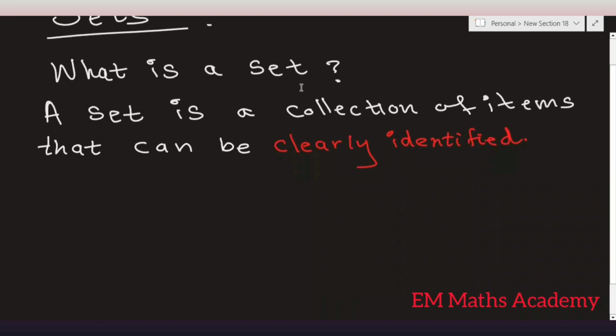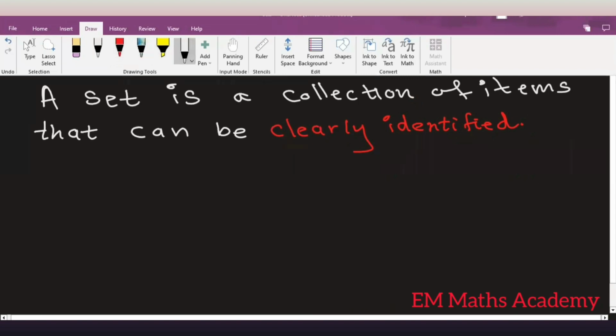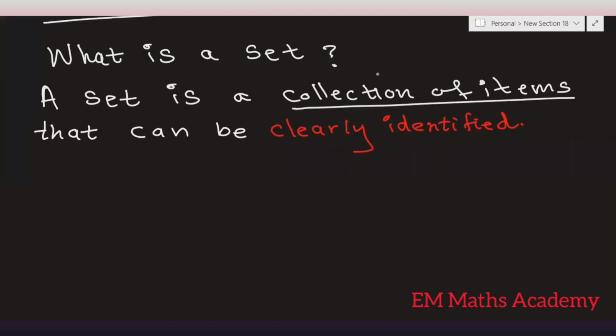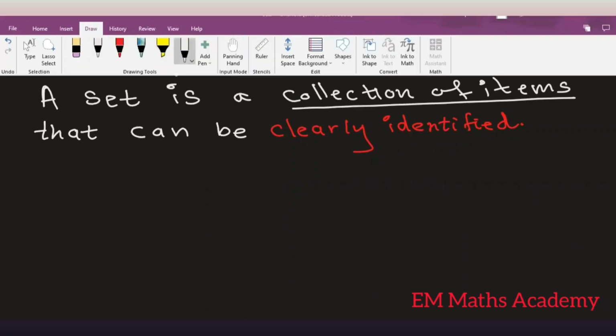Then the items which are included in this collection, or we can say the items which are included in this set, are very important. When it comes to sets, these items are called the elements of the set.